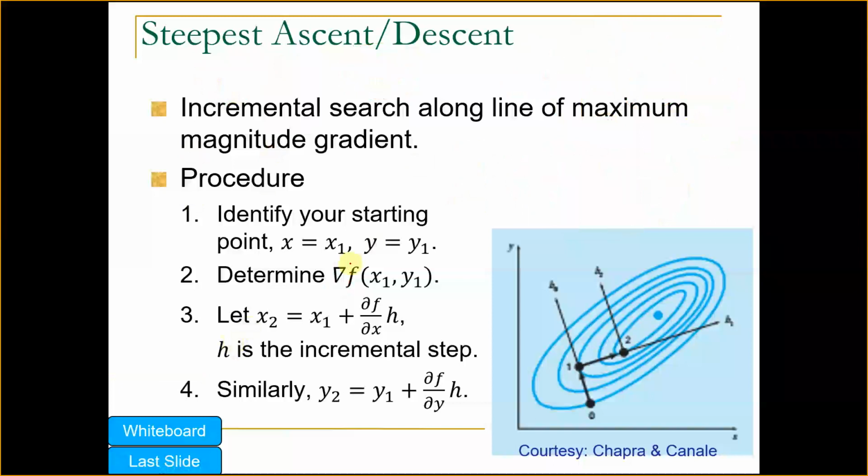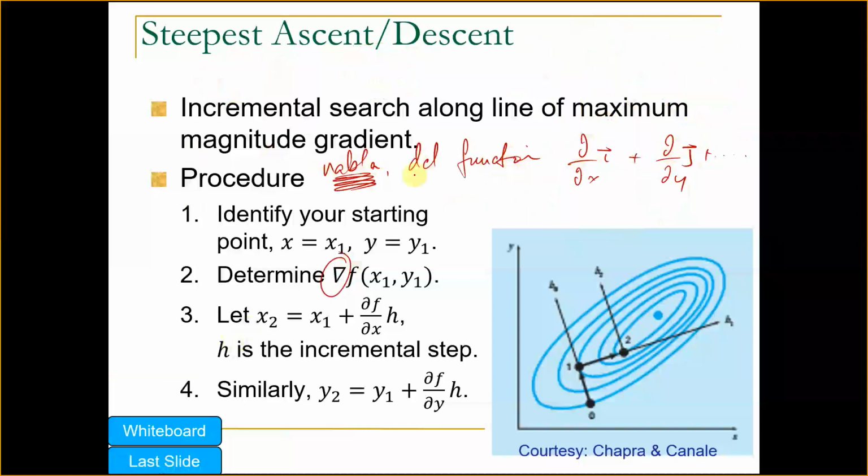Alright, so this is called the nabla sign, N-A-B-L-A, sometimes called the del function. So the nabla is the sign, but the del means partial x i plus partial y j, and so on.